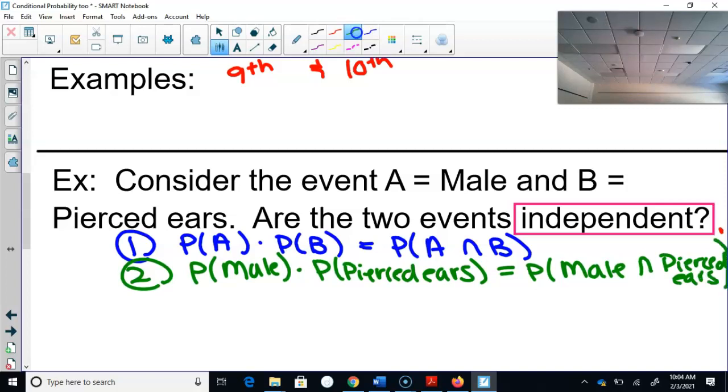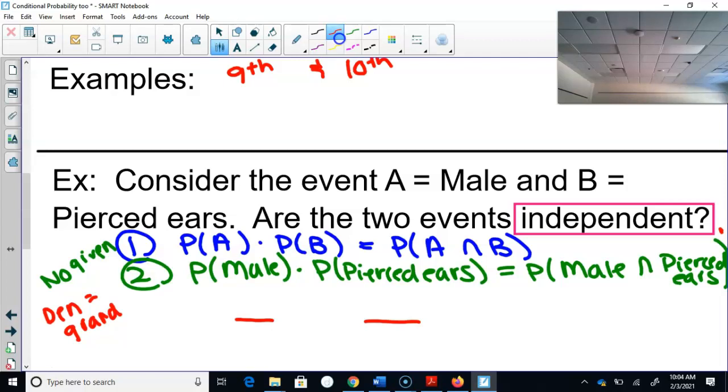The nice thing about this, ladies and gentlemen, there is no given statement on here. So your denominators, they're always going to be out of the grand total. There's no condition here, okay? There's no conditional statement.